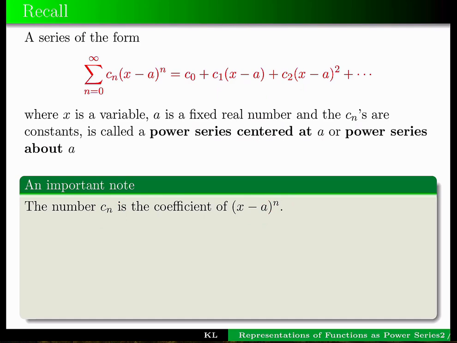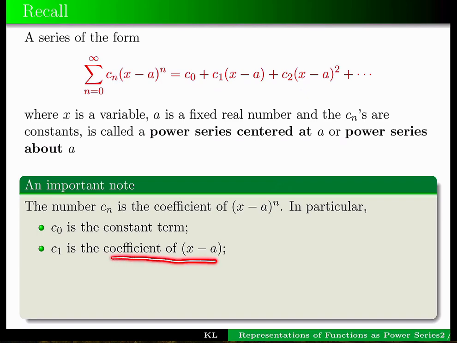But if it is denoted as C_n, then it must be the coefficient of your (x minus a) to the power n. For example, your C_0 is the constant term. Your C_1 is the coefficient of (x minus a) because the subscript is 1, and the power here is 1.